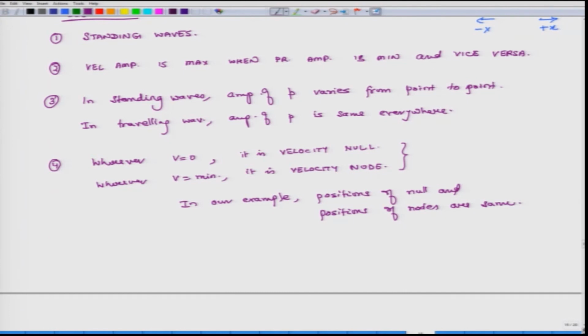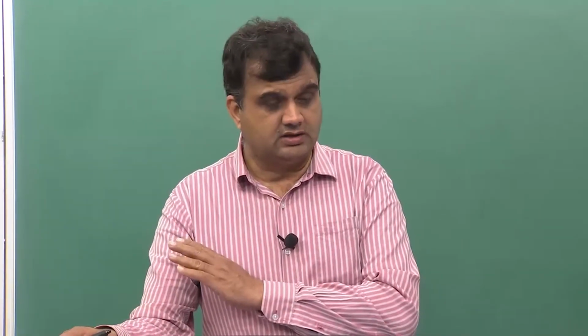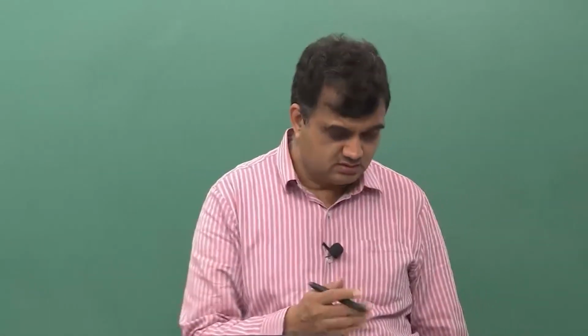The reason this is happening is because we have a rigid termination, so whatever velocity is coming, that energy is getting reflected 100%. But in some waves where reflection is not 100%, the place where velocity is minimum and the place where velocity is 0 may be different.